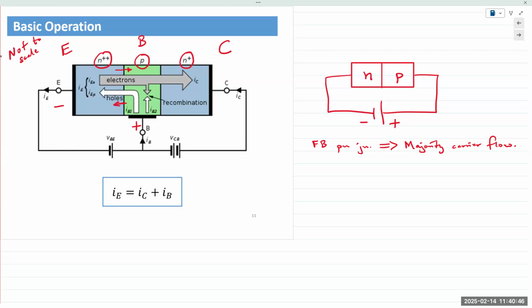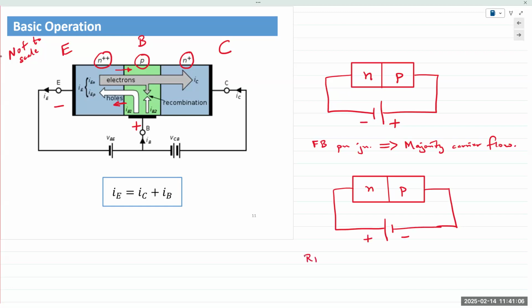How about the reverse bias junction? If you have an N and a P device, what happens here? Reverse bias PN junction, the depletion region expands, but we still have current flow, right?